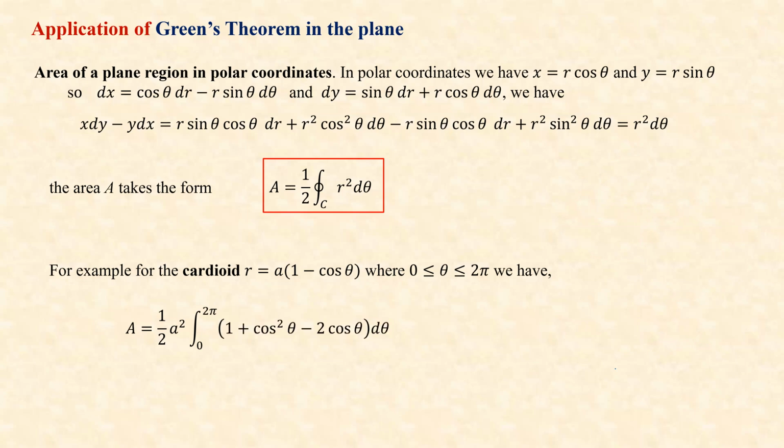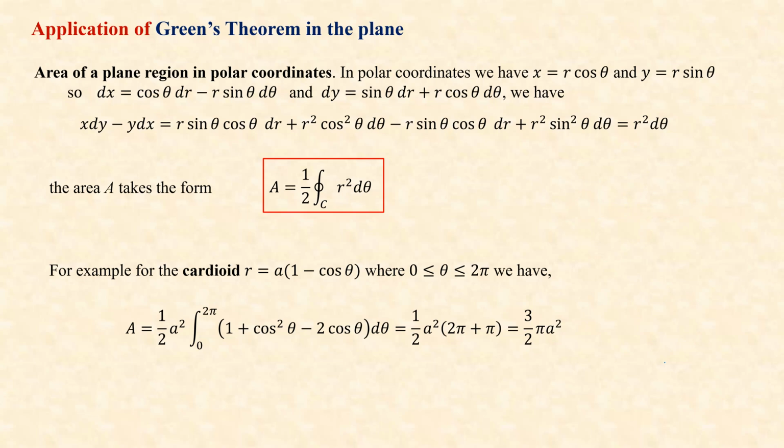If you square that, it becomes 1 plus cosine squared theta minus 2 cosine theta. And remember, the integral of 1 becomes 2 pi, the integral of cosine squared becomes pi, the integral of cosine becomes 0. So it becomes 1/2 a squared times 2 pi plus pi, which is 3/2 pi a squared. Right? So that's the area of a cardioid.